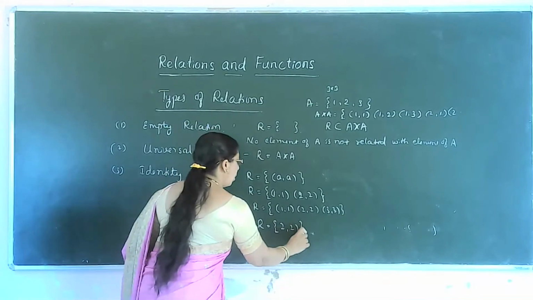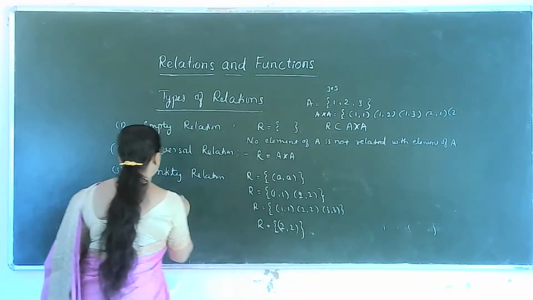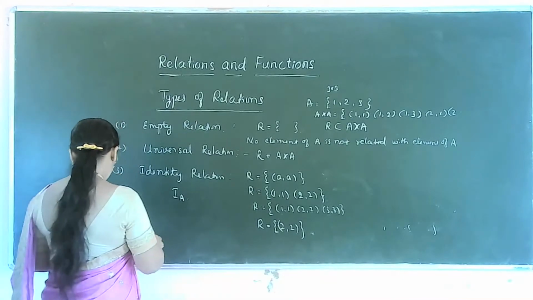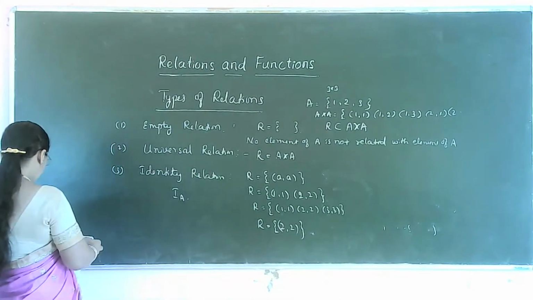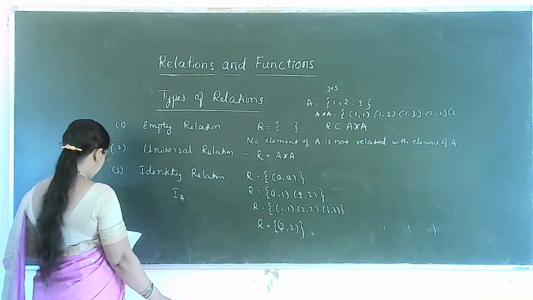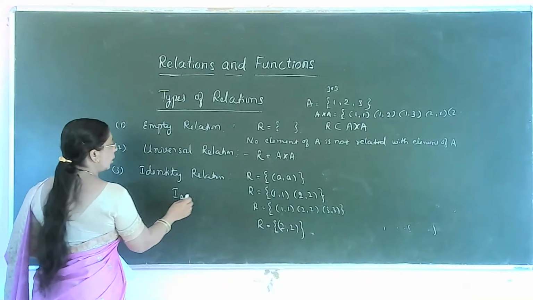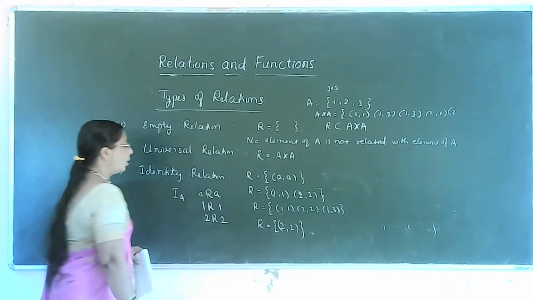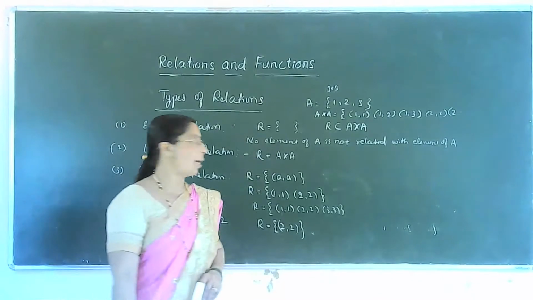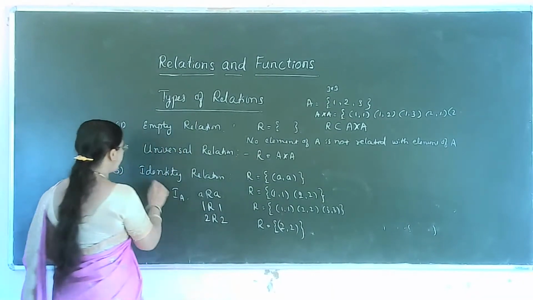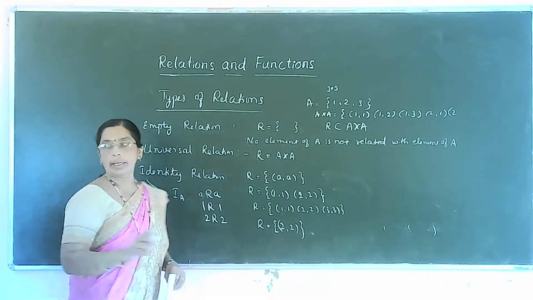It is all denoted by I_A also, the identity element. Only if 2 is related to 2 itself, then we call it an identity relation. It is denoted by I_A.